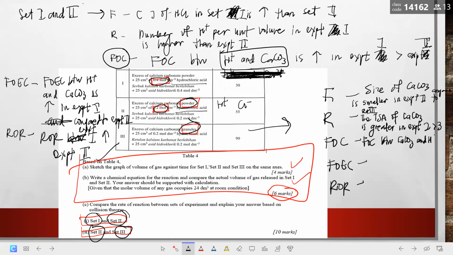And you choose back your same particles between calcium carbonate is higher in set 2 compared to set 3. Who wants to do FOEC? Copy paste FOEC between calcium carbonate and hydrogen ions is higher in set 2 compared to set 3. What's my last line? Rate of reaction of experiment 2 is higher than experiment 3.